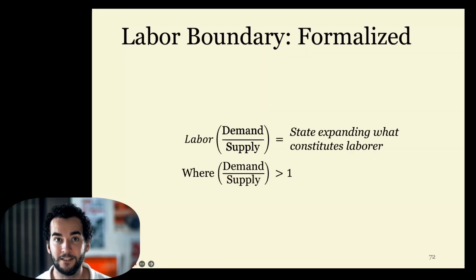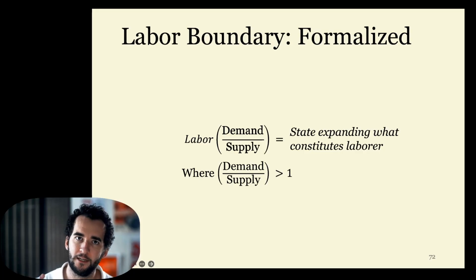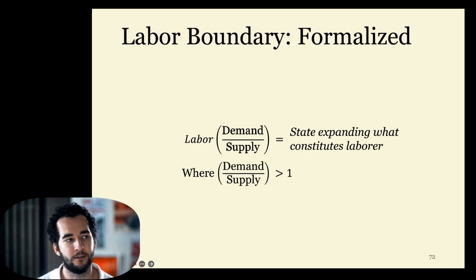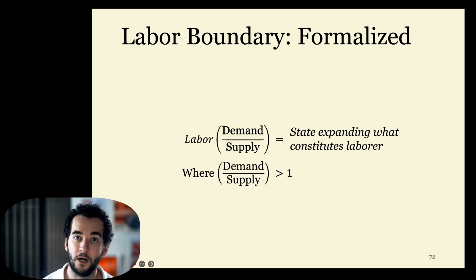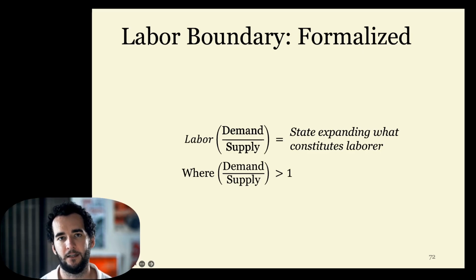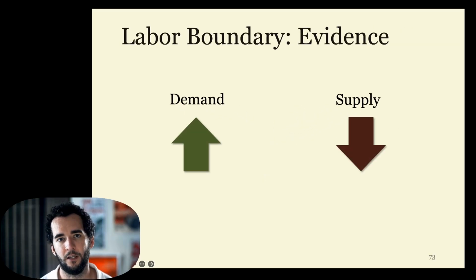And if we were to formalize this, it's a basic supply-demand equation where if the supply for labor is smaller than the demand for labor, which is to say where this equation is greater than 1, we'll see the state expanding what constitutes a laborer, expanding the boundary of what constitutes a laborer.